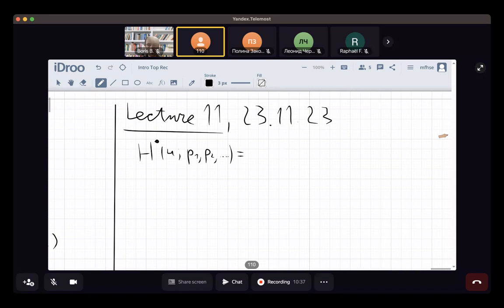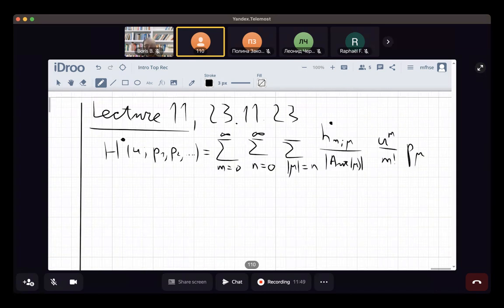Is the factorial correct when we divide by automorphisms? No. Thank you. Can you remind me, please, what p mu is? P mu means the product of, yes, precisely.